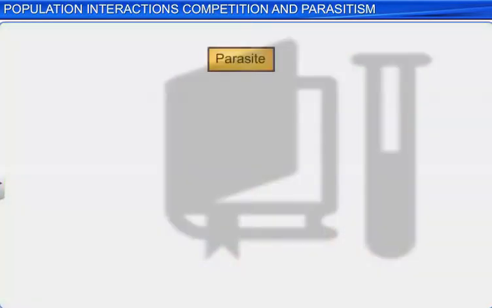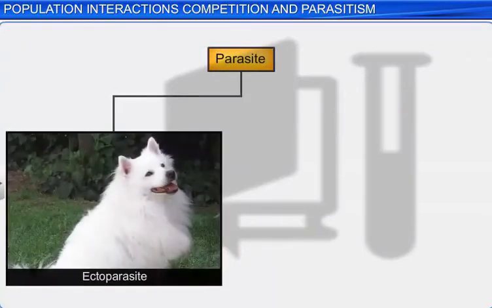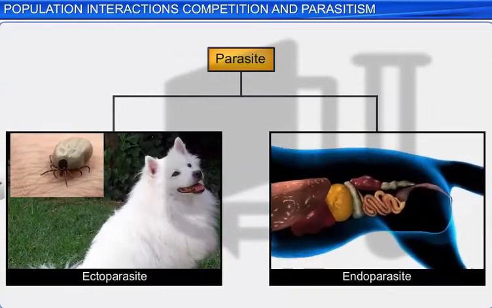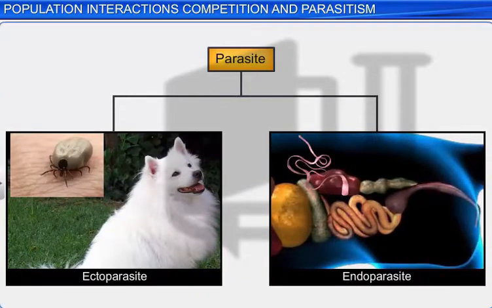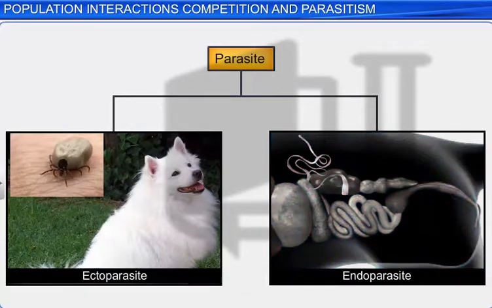Depending on where parasites live, they are classified as ectoparasites or endoparasites. Parasites that feed on the surface of a host are called ectoparasites, while those that live inside a host are called endoparasites.